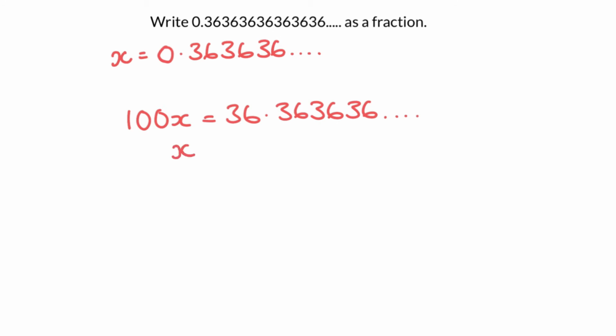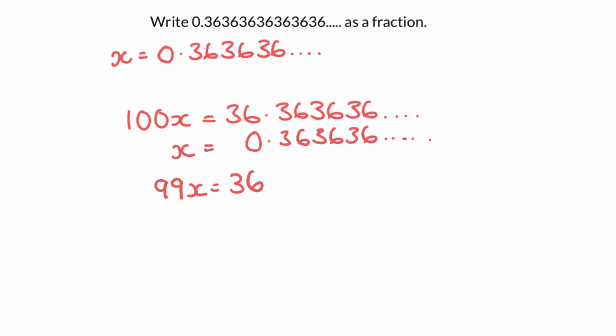So from my 100x, I'm going to minus x from it. So if I put them underneath each other, we've got 0.363636 recurring. So if I take x away from 100x, I get 99x. And then if I take 0.363636 recurring away from 36.363636 recurring, I'll just be left with 36, and all the recurring numbers won't be there anymore.